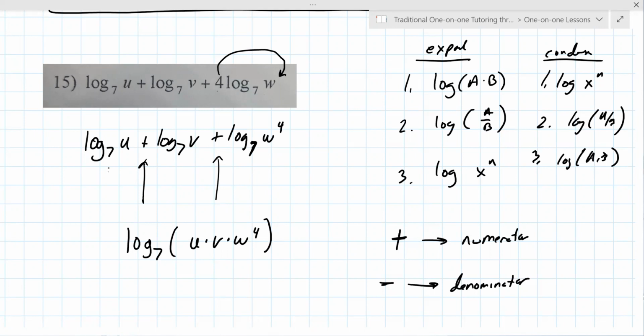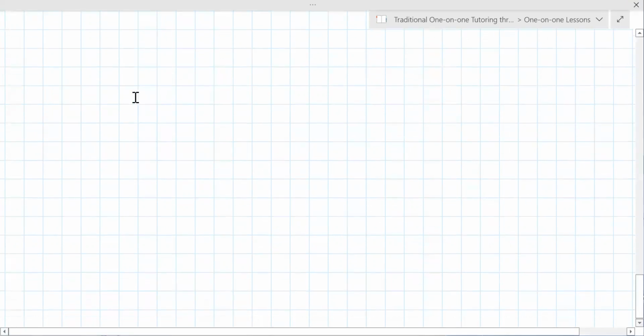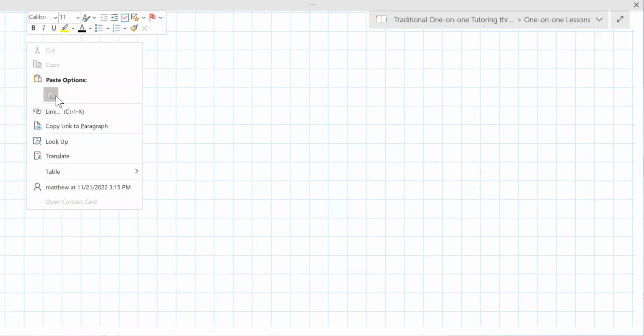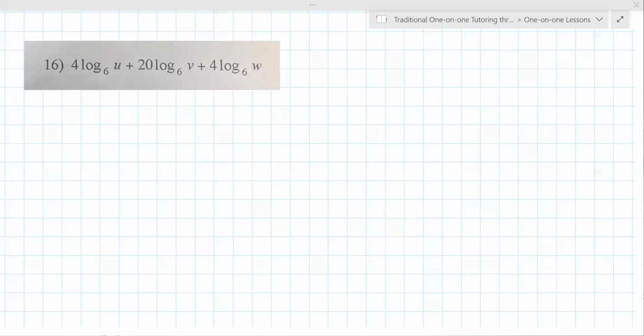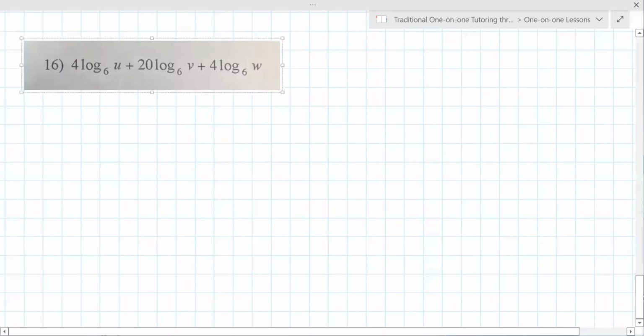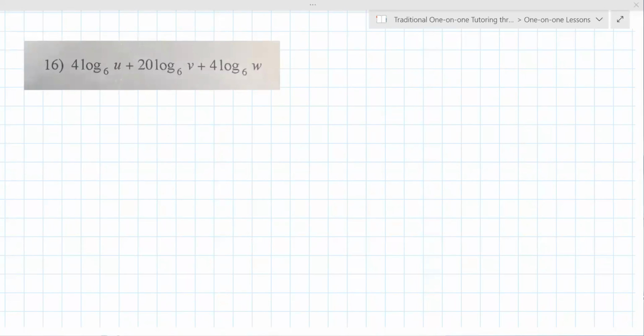Okay, so let's look at 16. Maybe you could try this one on your own. It's very much related to the one we just did. So let me snip that in. And then I probably need to give you one that's more like a test question if there's not any others on here, because we're missing a couple of important things. But take a look at that one, see if you can work that one out here.